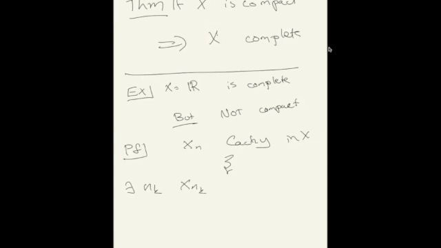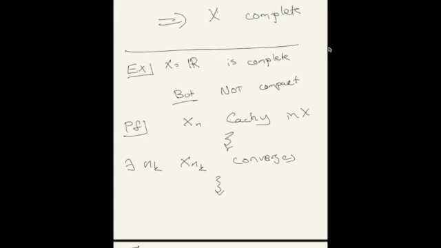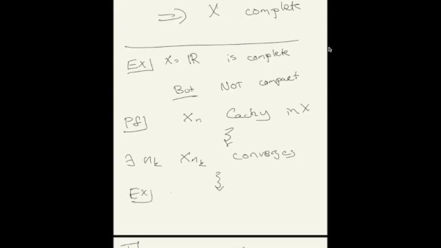And this is similar to proofs in 131A that if xn is Cauchy and has a convergent subsequence, then the full sequence converges. And the reason is that the subsequence gets very close to the limit point, but xn is very close to its subsequence as well.